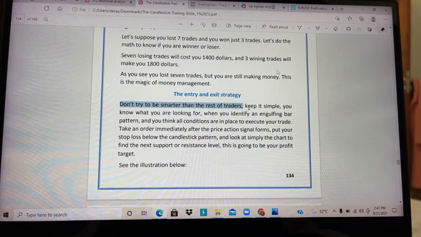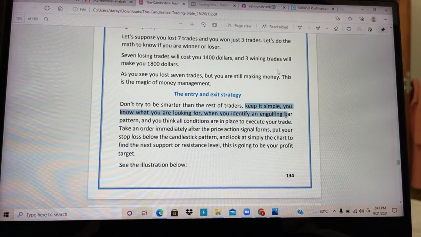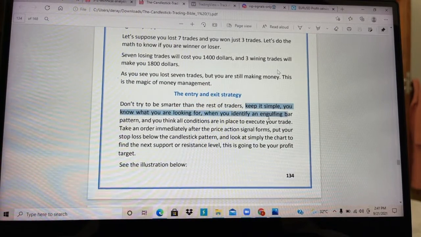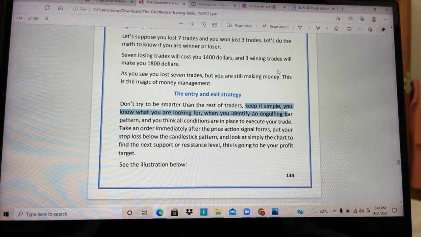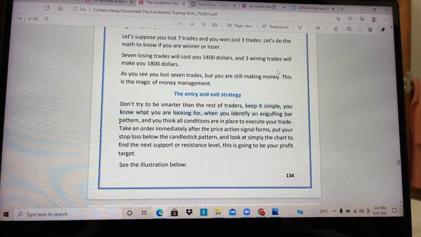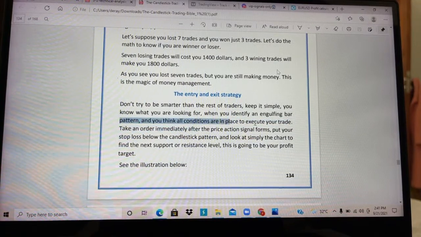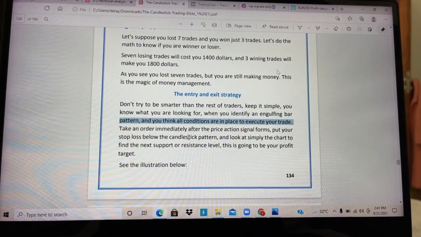You don't want to be smarter than the rest of the traders, but you want to be smart about entering your trade. You want to be entering based on what you're looking for. Once you identify your pattern, and that satisfies your condition to trade, you can now execute your trade with confidence.